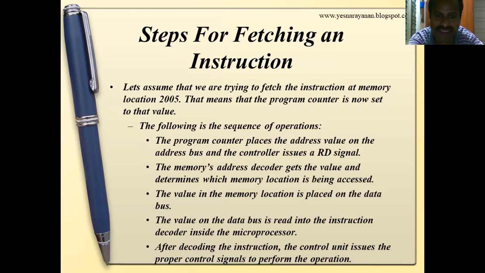The value on the data bus is read into the instruction decoder inside the microprocessor. After decoding the instruction, the control unit issues the proper control signals to perform the operation.